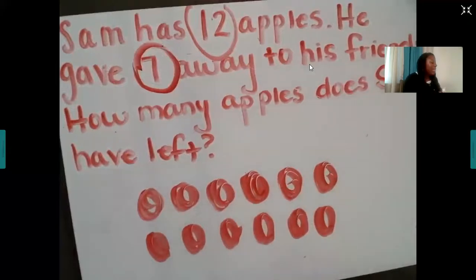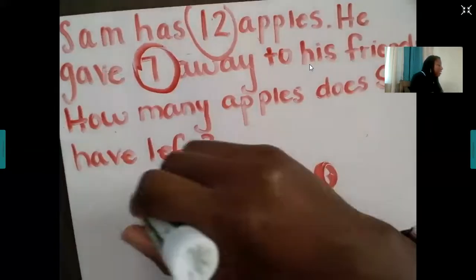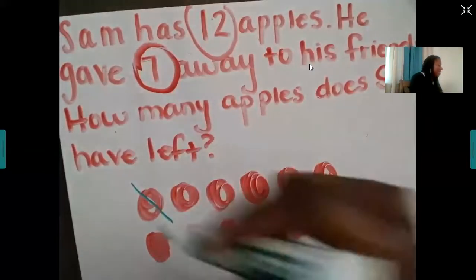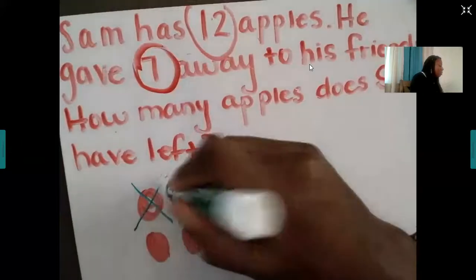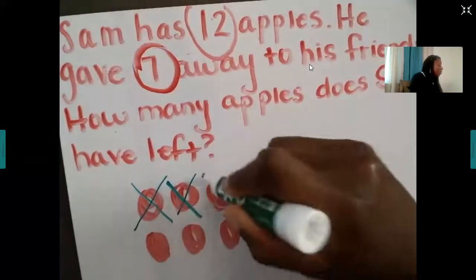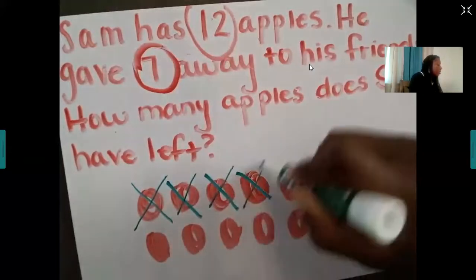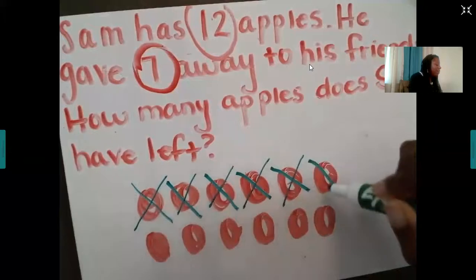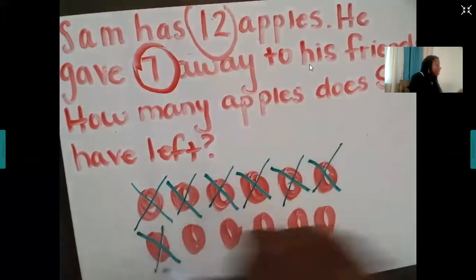Now, Sam gave away 7. So that means that they're gone. We're going to put an X on them. Everybody hold up your X. You're going to take it away. Let's put X's on 7 of our apples because Sam wanted to share with his friends and he gave away 7. 1, 2, 3, 4, 5, 6, 7.